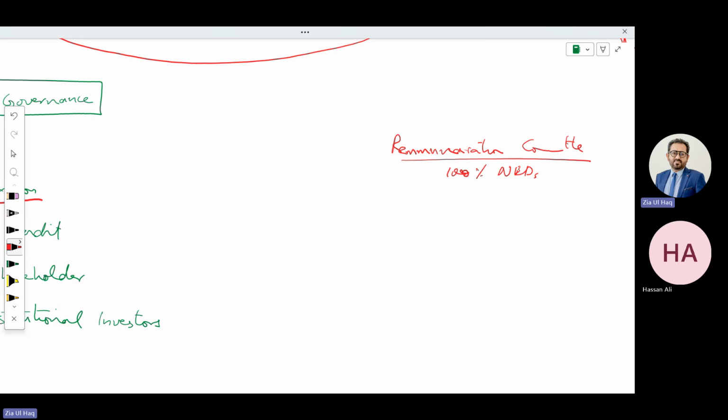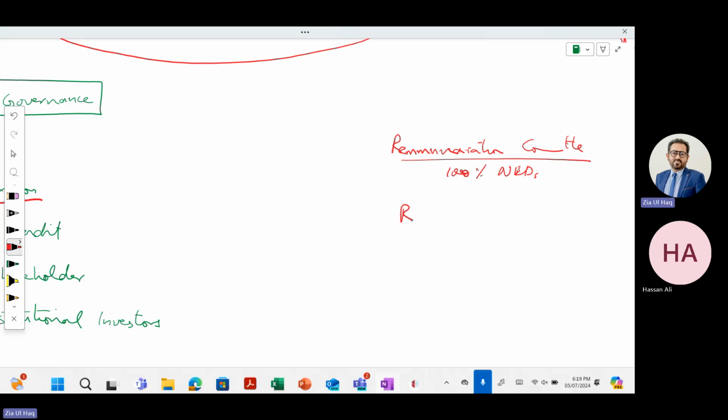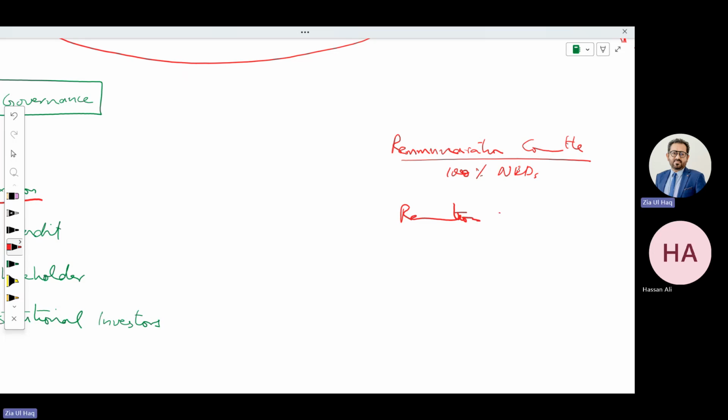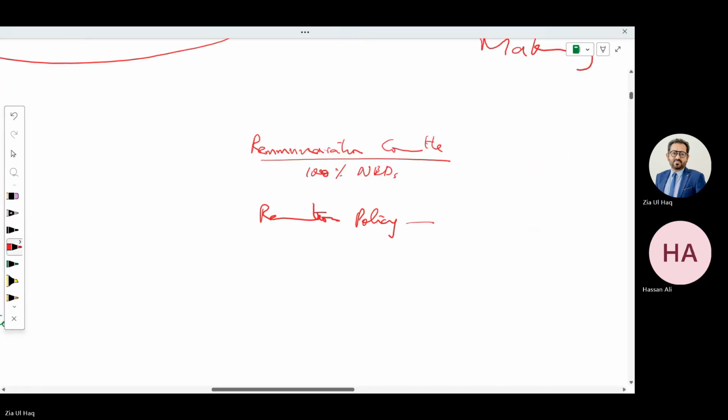According to the corporate governance code, whatever remuneration policy the remuneration committee is going to set, that policy should be fair and balanced.